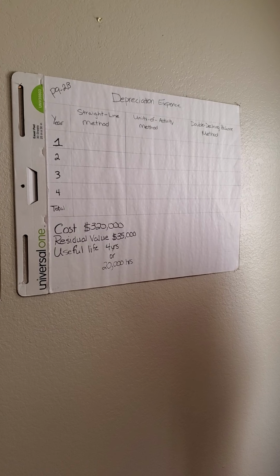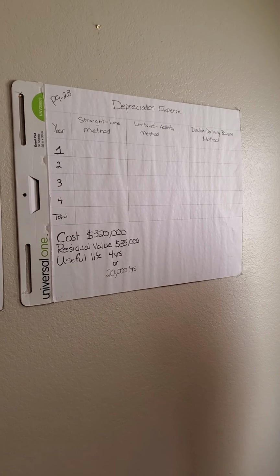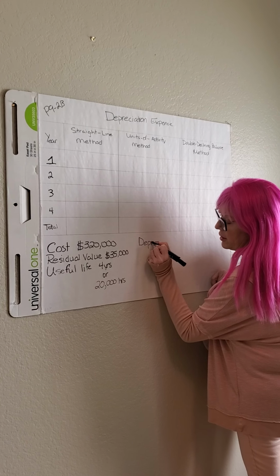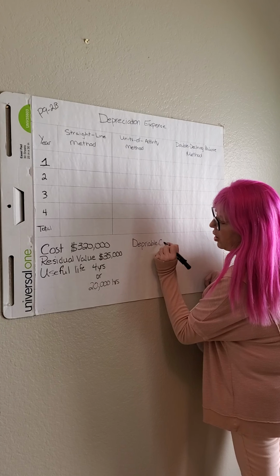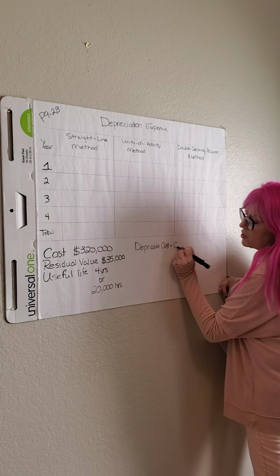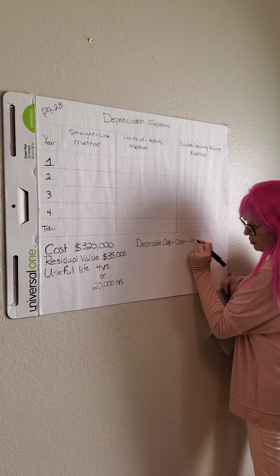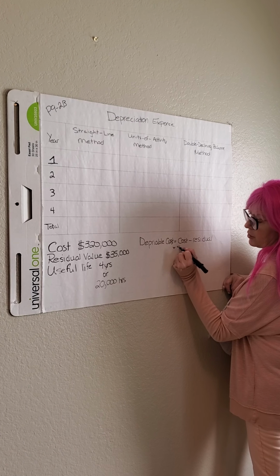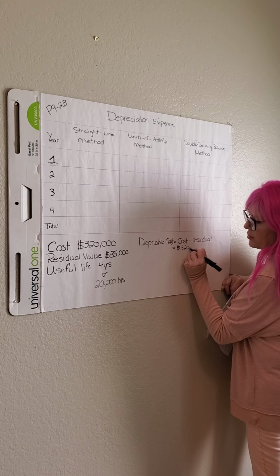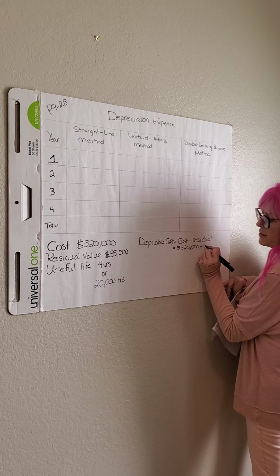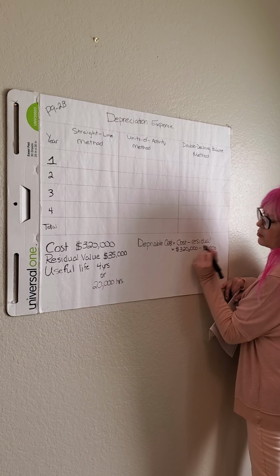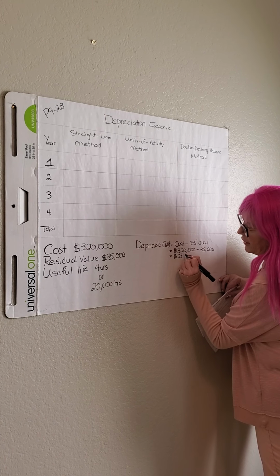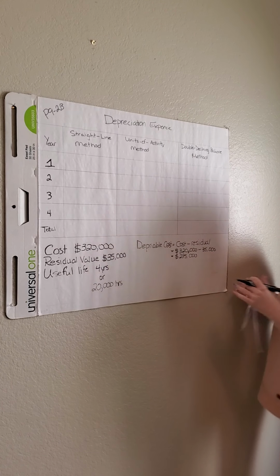So when we're looking at any item, the depreciable cost, the amount that we're allowed to depreciate, equals cost minus residual value. So here it is the 320,000 cost minus the 35,000 residual, which is going to give us a depreciable cost of $285,000, regardless of the method that we use.